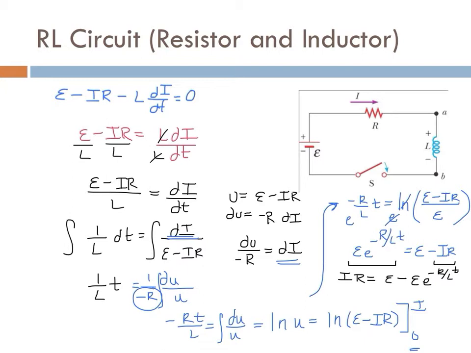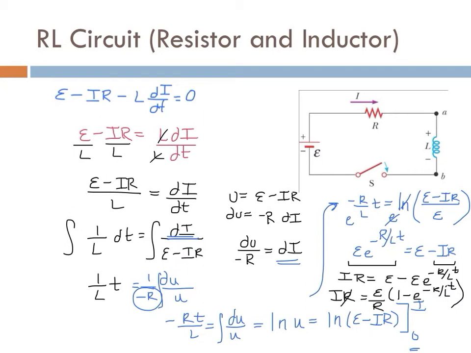And then just to clean this up, I can pull sigma out. That becomes 1 minus e to the negative R over L times t. And I have IR on the left-hand side. And then finally, we can get I by itself by dividing by R.